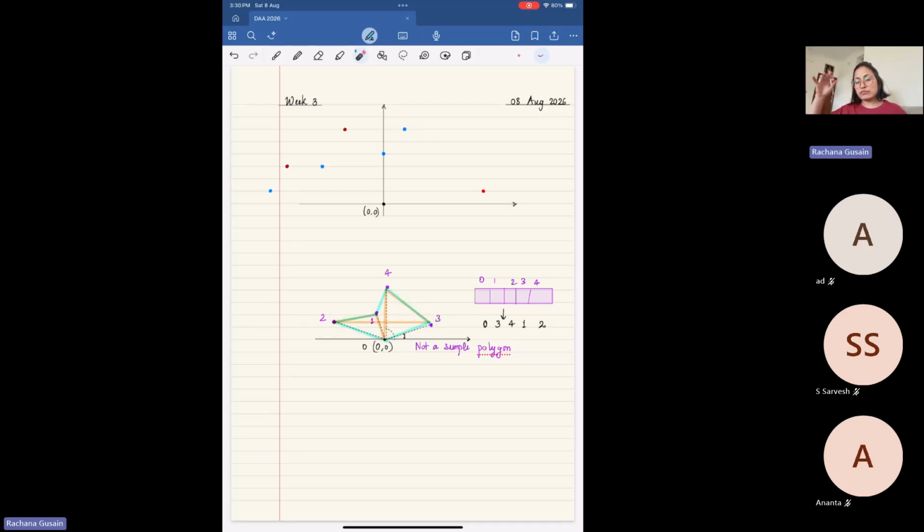So you can even forget about the polygon thing. The problem is you are given these points in arbitrary order. They are stored in an array from indices 1 to n. At 0, we have the origin. And now the goal is to sort these points from 1 to n in the increasing order of these angles.